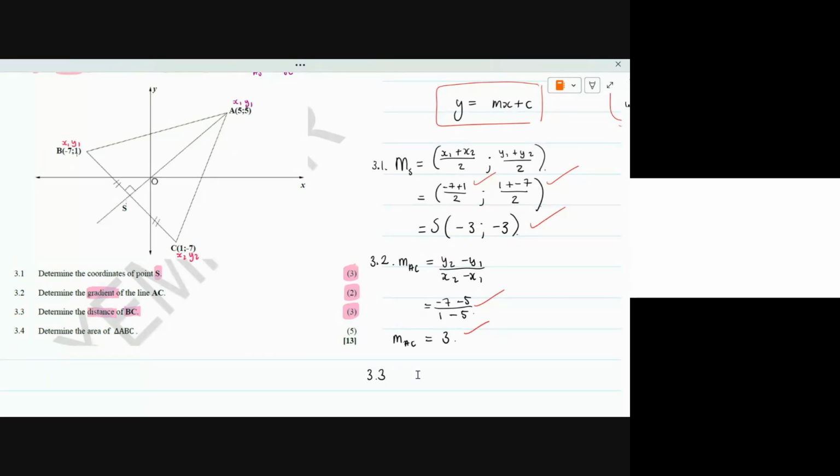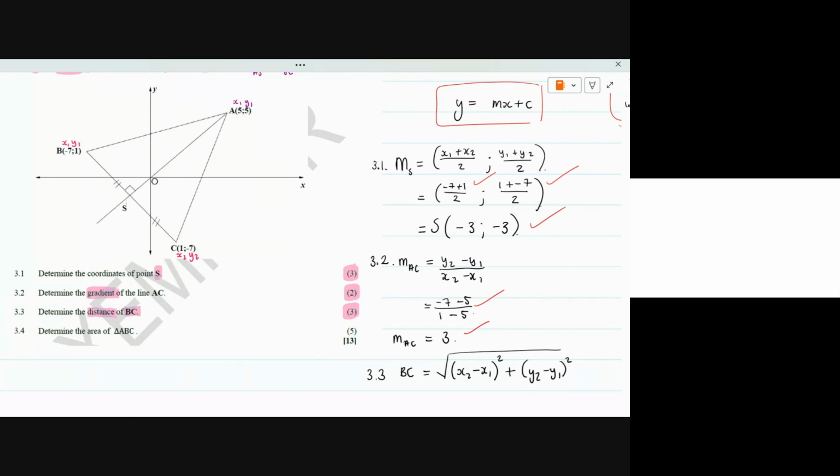And then the formula for distance is d equals the square root of open brackets x2 minus x1 close brackets squared plus open bracket y2 minus y1 close bracket squared.